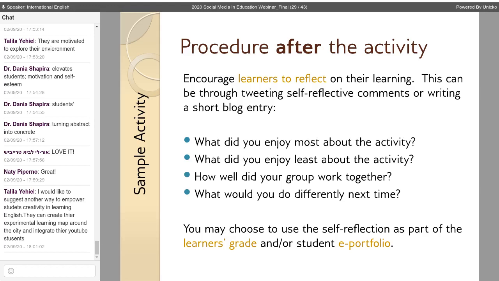Now you can choose to use the reflection as part of the students' final grades. Their blog entries and self-reflective tweets could count towards the final grade, or be part of the students' electronic portfolio, which will be part of the final grade.